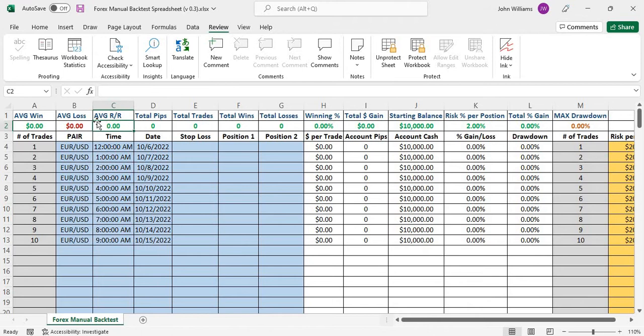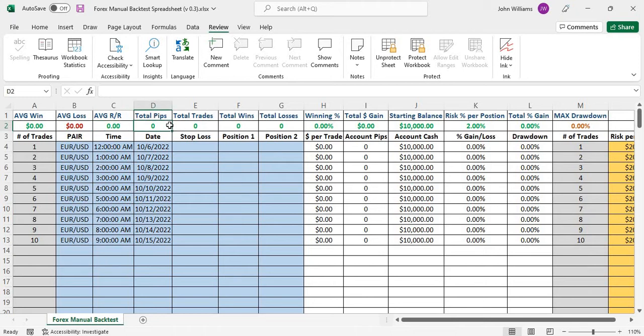This one was maybe the more straightforward one: your reward risk ratio is just dividing your average win by your average loss, right?